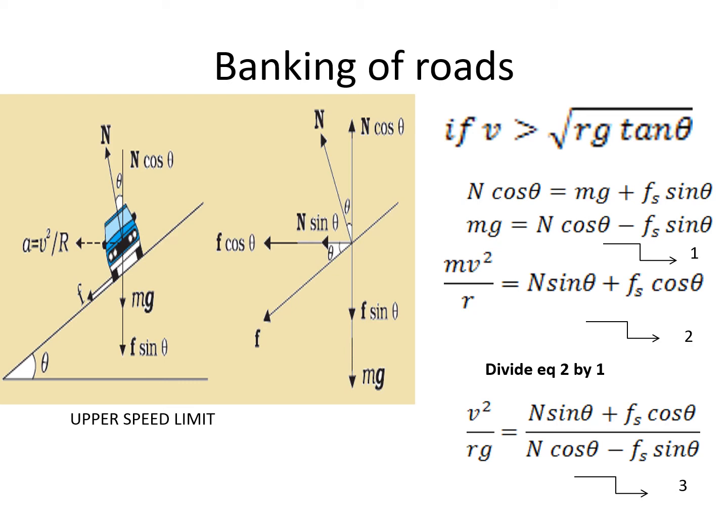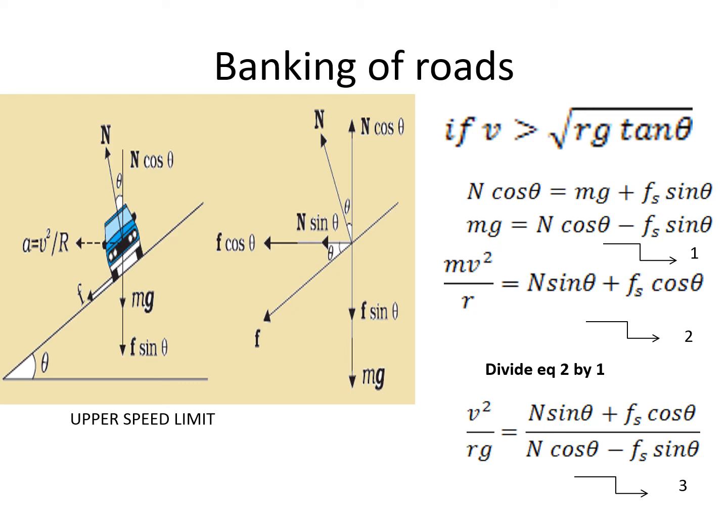The component n cos theta, as we have seen in the previous slide, balances the weight of the vehicle, and n sin theta was providing the necessary centripetal force. In addition to these forces, now the frictional force is also arising.